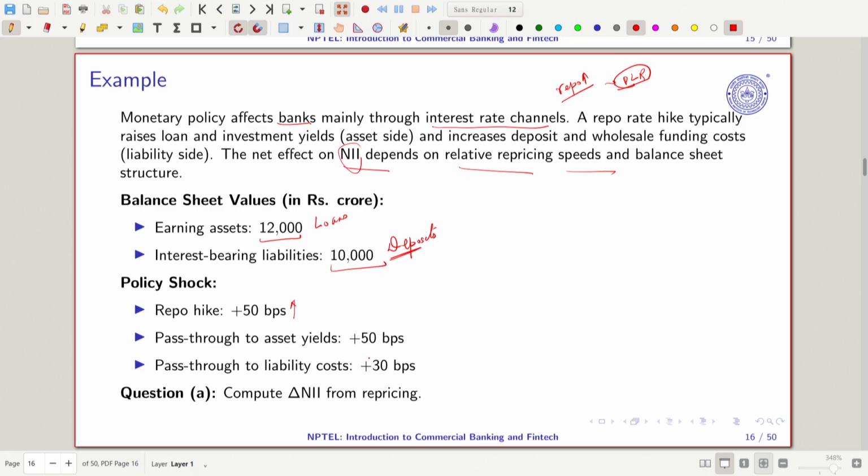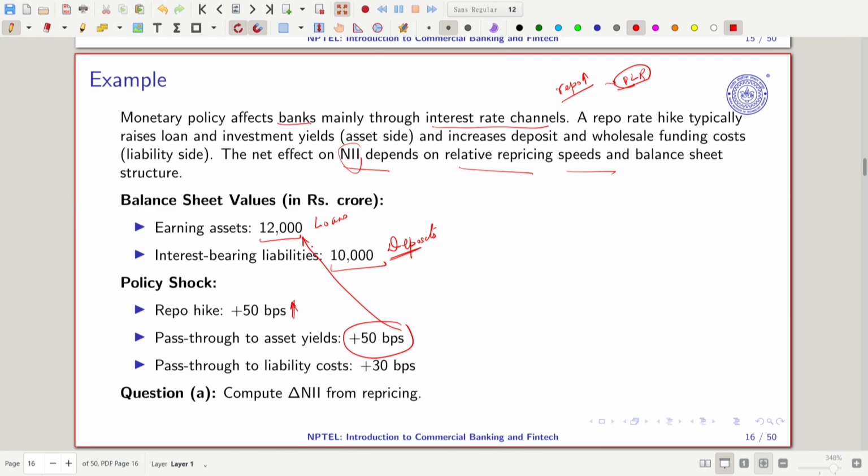The bank passes on the 50 basis points immediately to the loan accounts.